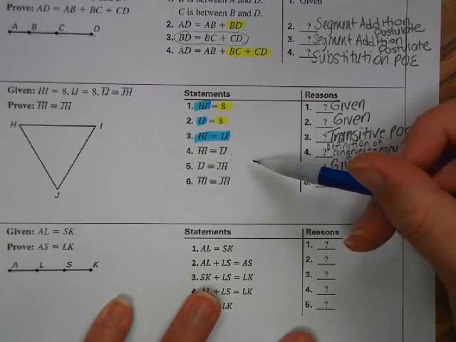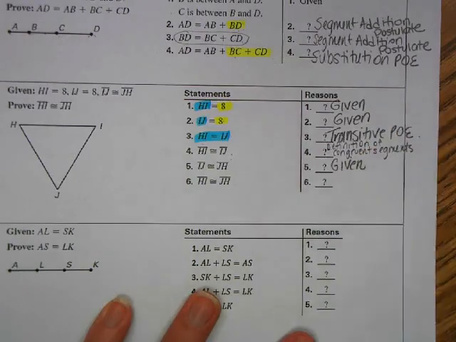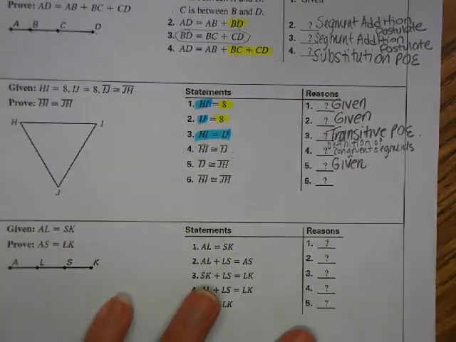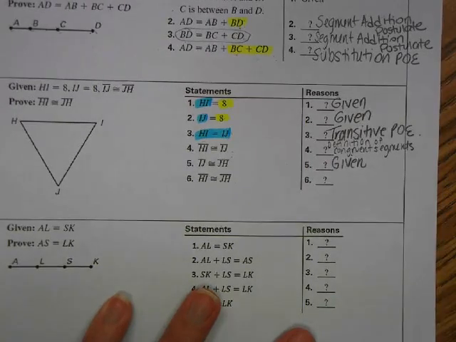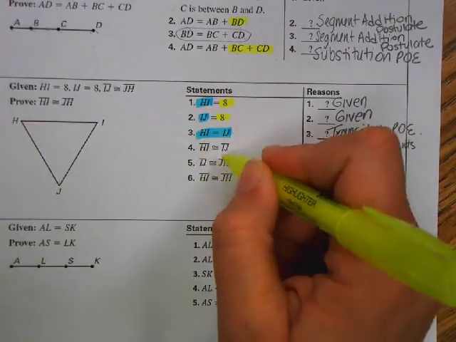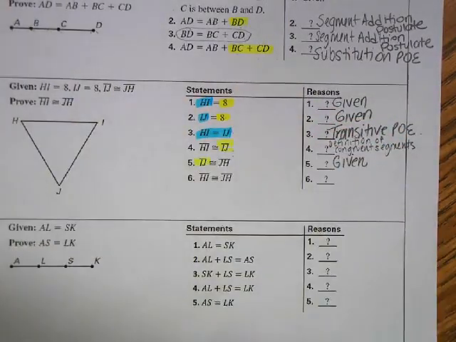Then we have our given. And then we have HI is congruent to JH. So notice that both HI and JH are congruent to IJ.